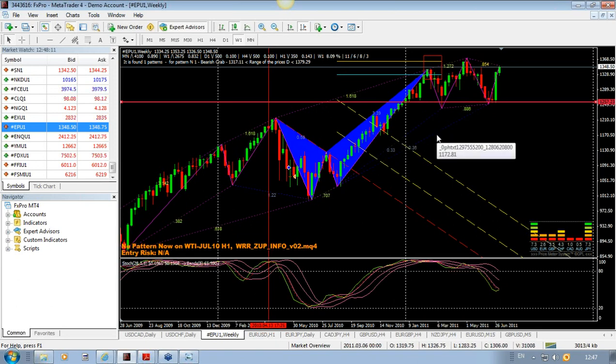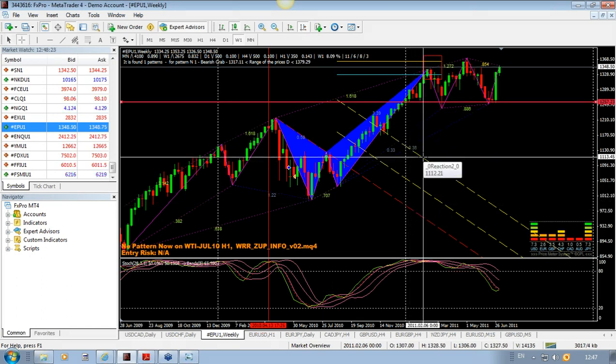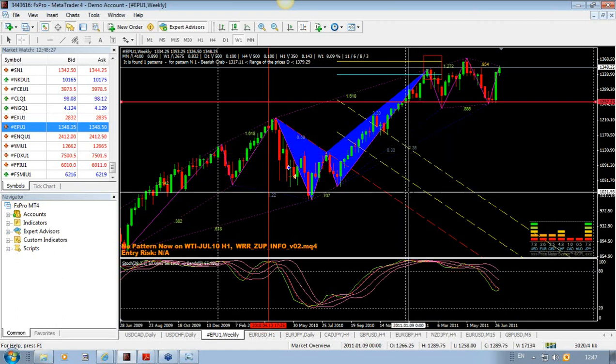The second thing very important to remember, friends, for the crab, is that it will never be on the dotted lines. That's the only pattern where those dotted lines are not relevant. Okay?